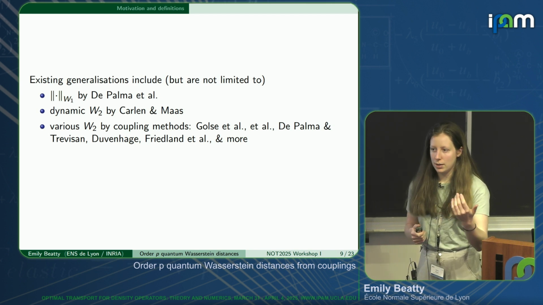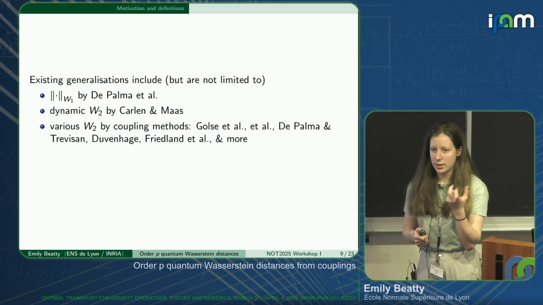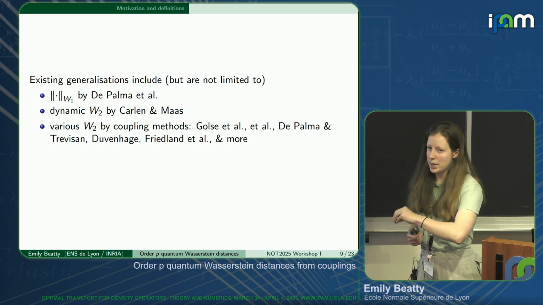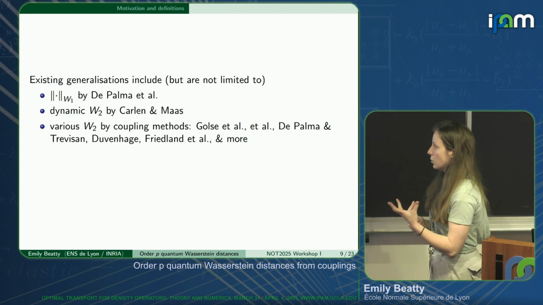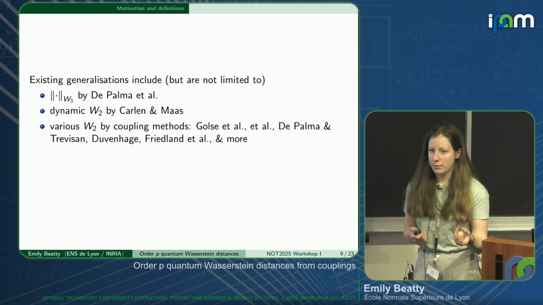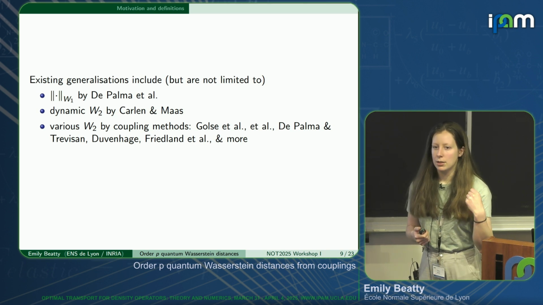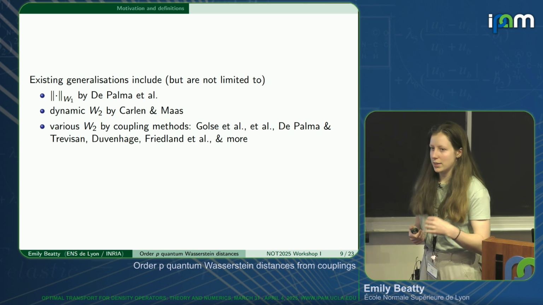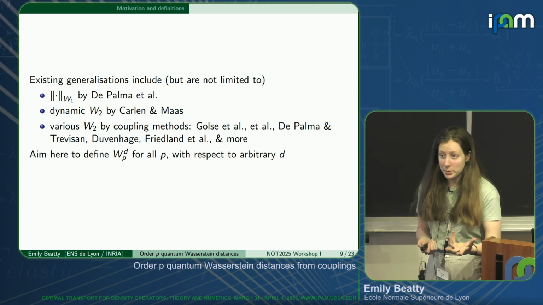As far as we can tell, every generalization so far has sacrificed this flexibility in order P and flexibility in the underlying geometry. So the question we ask here is, what do you need to sacrifice in order to recover a definition which is flexible in the order P and in the underlying geometry D? And that's what we try and do here.